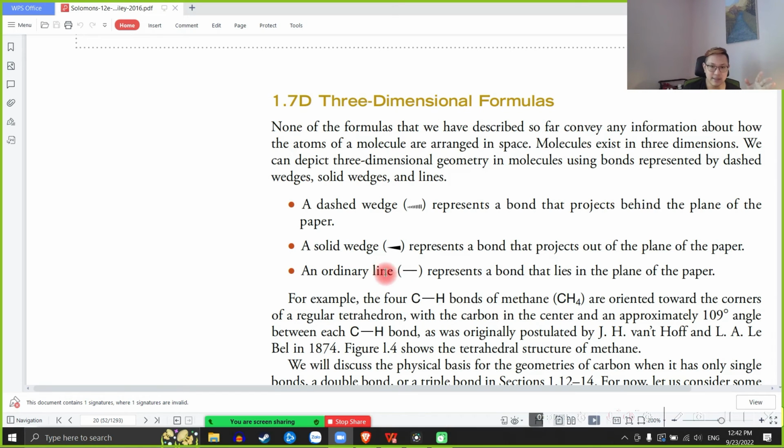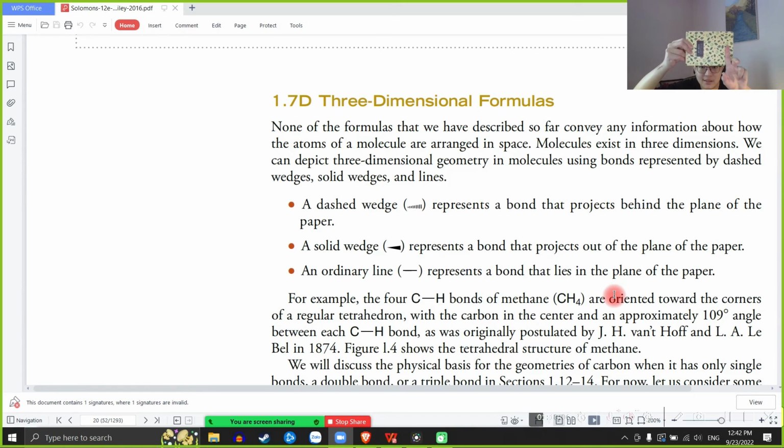So the ordinary line or dash represents a bond that lies in the plane of the paper, like a piece of paper like this. If they are on the same plane as the piece of paper, then you represent them with an ordinary line or a dash.